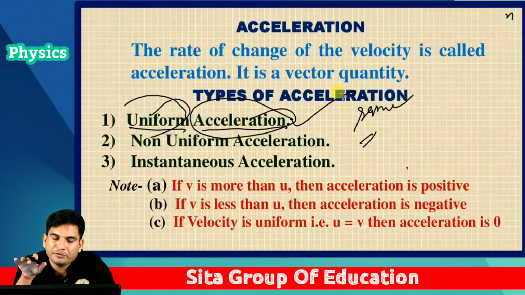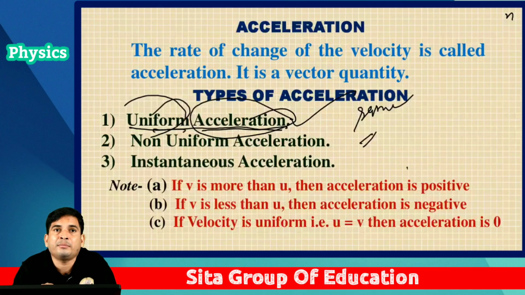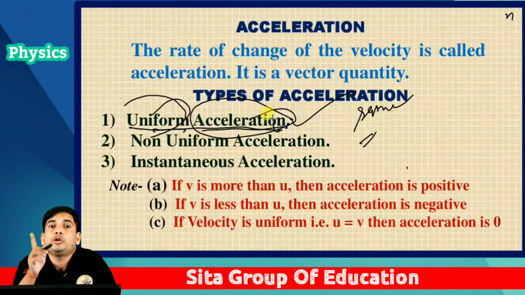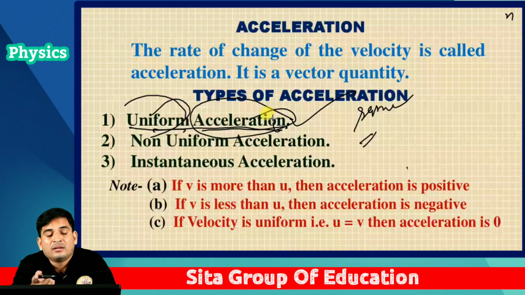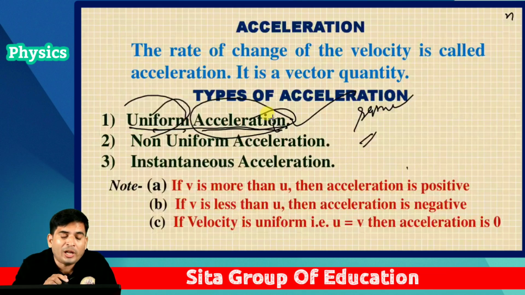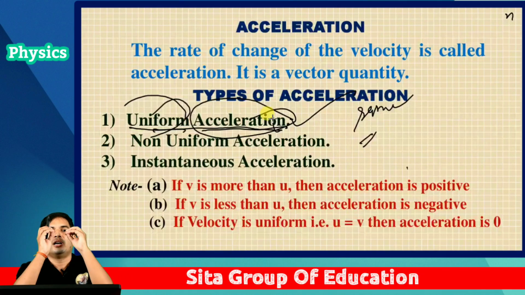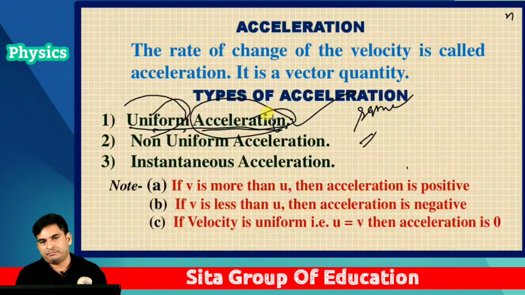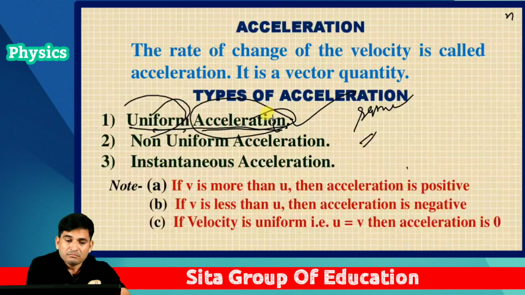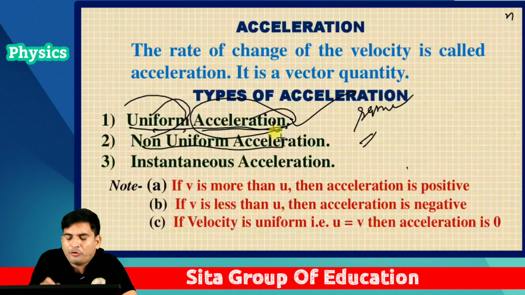Is it clear to everyone? Uniform acceleration means in an equal interval of time, equal change in the velocity. Next one is the non-uniform acceleration.